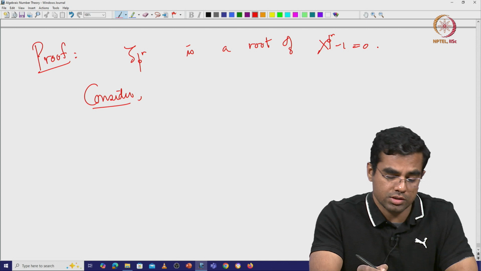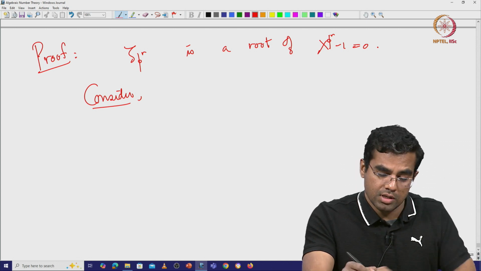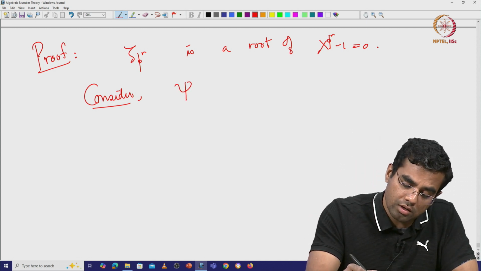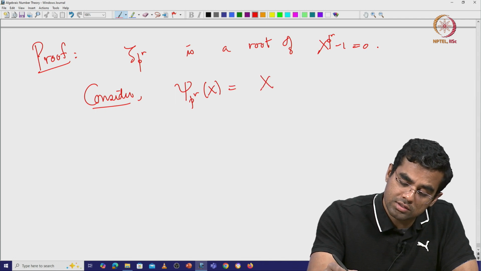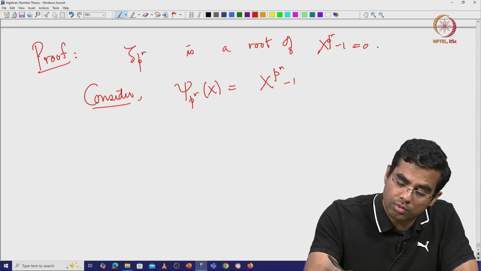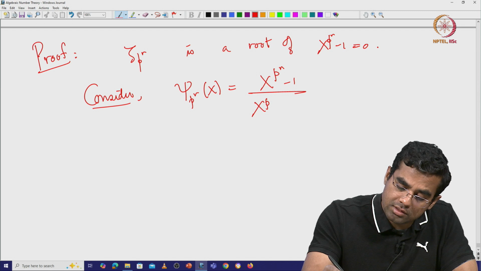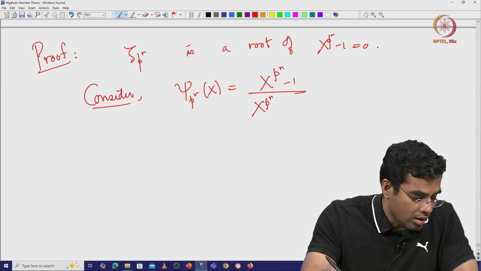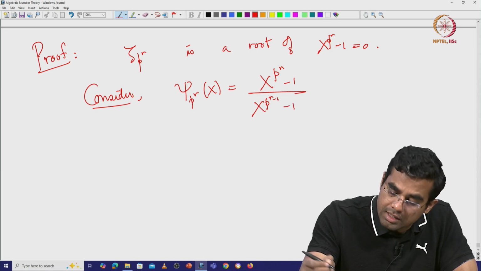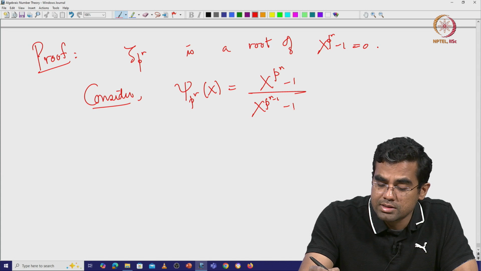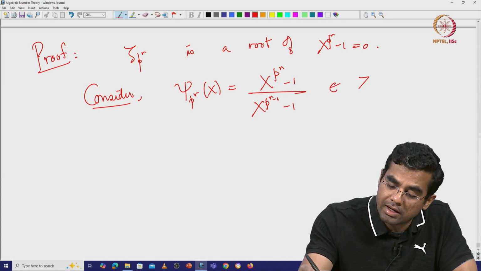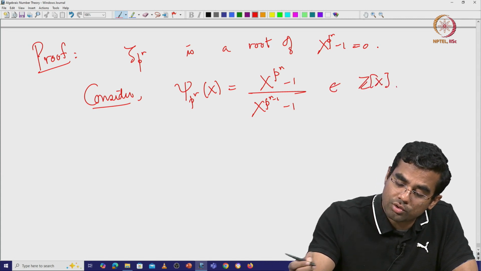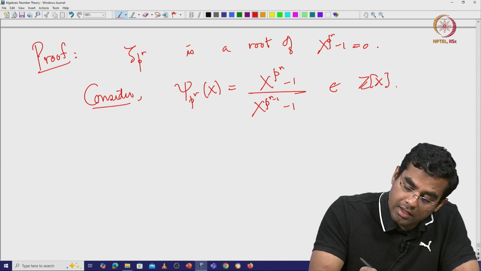These are called cyclotomic polynomials. So, you consider psi_{p^r}(x), this is (x^{p^r} - 1) divided by (x^{p^{r-1}} - 1), and why is this in Z[x]? So, we will show that this is in Z[x].